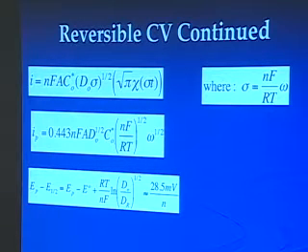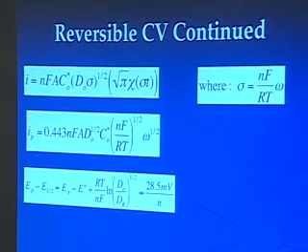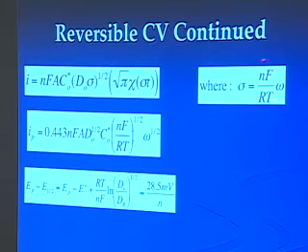Now, what did I just say on that last transparency, bringing us back to cyclic voltammetry? What I said was if you take that table of chi values, which is what's listed in that table, you can generate a cyclic voltammogram by simply taking that chi value, multiplying it by the normal things that we multiply by here, diffusion coefficient, and this sigma, which I defined before, but that's just nF over RT times the scan rate.